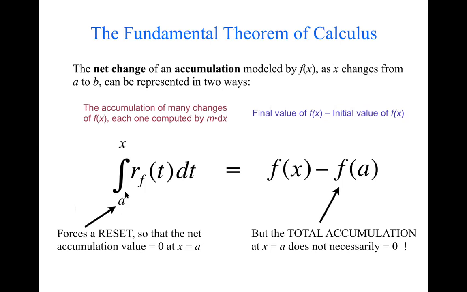It can be any point, but the net accumulation begins at 0 then. The f of x minus f of a will be 0 if x equals a, which should make sense because those should be the same thing. But as we go on, the value of this expression grows or shrinks in the same way that this one does. This value on its own isn't known from this expression, just the difference between them.